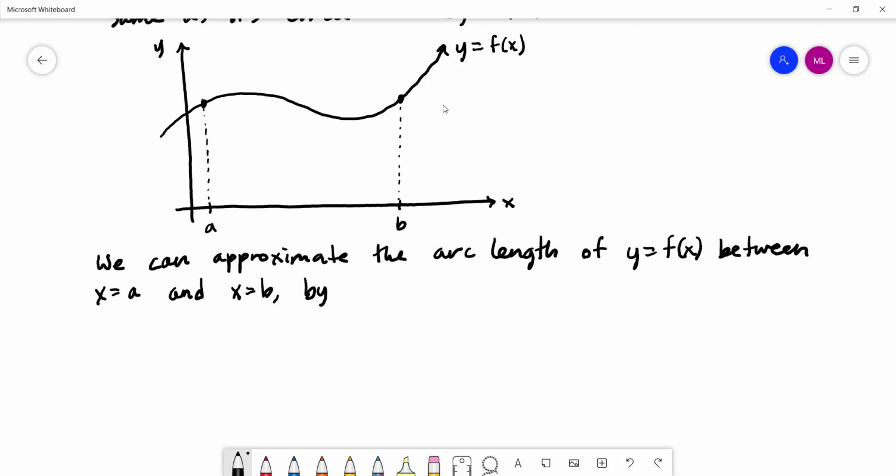So we can approximate it by breaking the interval up into pieces, and then adding up the lengths of those corresponding pieces.